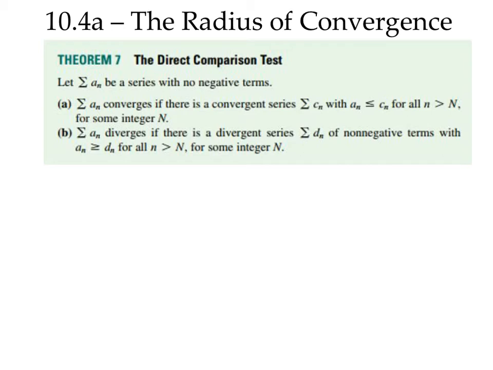So in other words, something like this. C1 is greater than A1 is greater than 0. C2 is greater than A2 is greater than 0. And so on. Cn is greater than An is greater than 0.